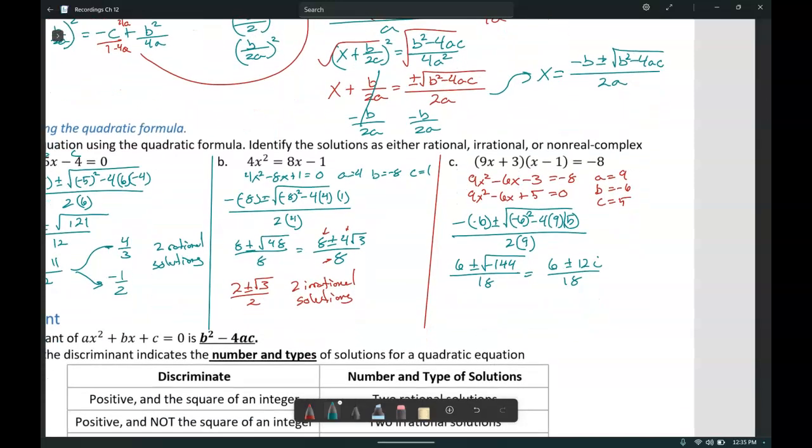We can simplify that as 1 plus or minus 2i over 3. And then we need to write it in the form a plus bi, which means we need two separate fractions: 1 plus or minus 2/3 i, which gives us two non-real complex solutions.